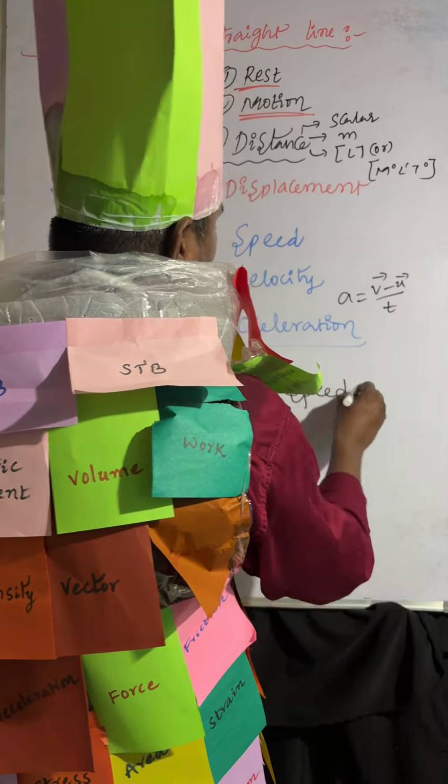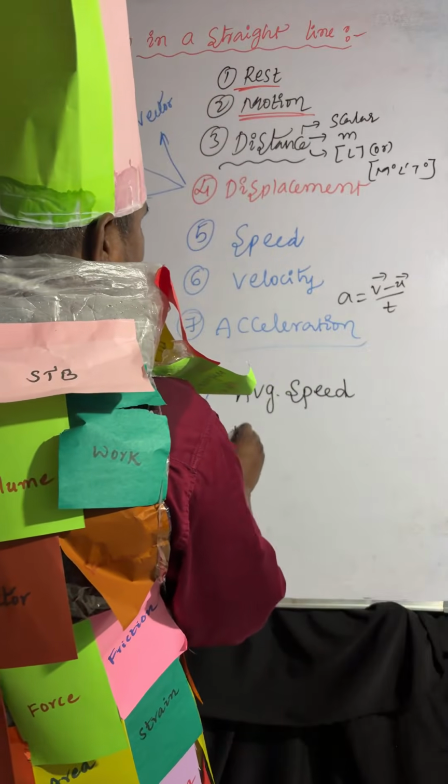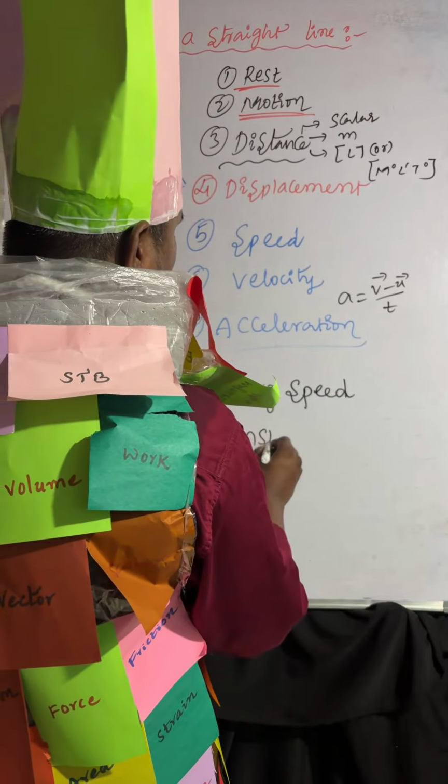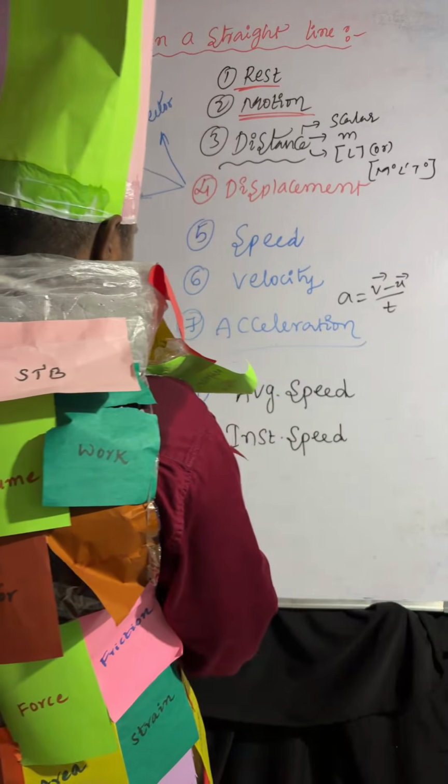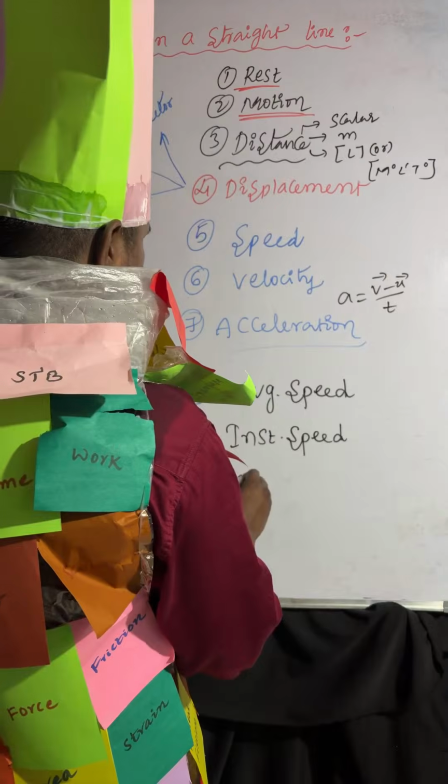The second point is instantaneous speed. And the third one is uniform speed.